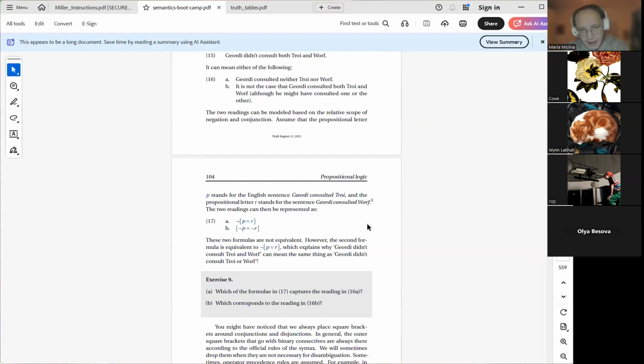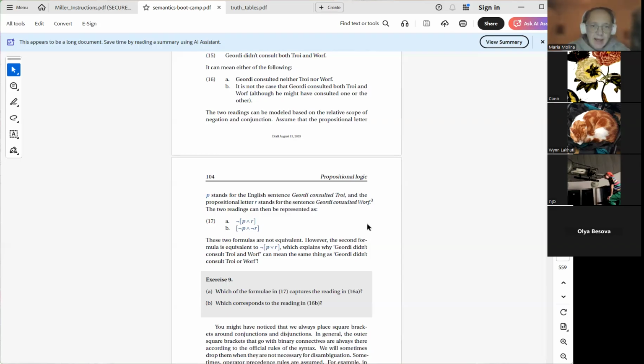So we have a negation of a conjunction of both propositional letters. So it's not that Jody consulted Troy and Worf. Yeah, so he didn't consult either.